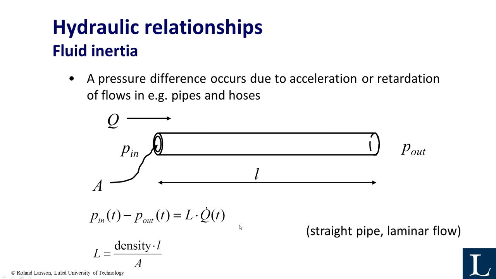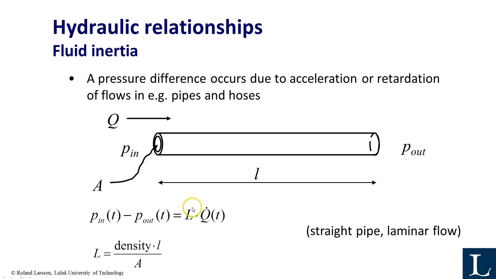The inertia comes from what we have learned here, from the time derivative of the flow. If you suddenly change the flow, there will be a change of pressure between the inlet and the outlet ends of the pipe. If you suddenly increase the flow, there will be a bigger difference; if you suddenly decrease it, there will be a small difference between the pressures in and out.